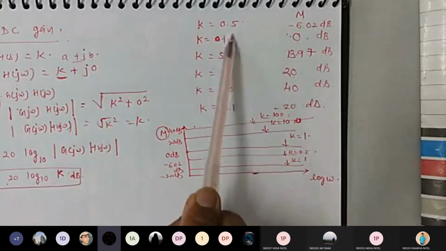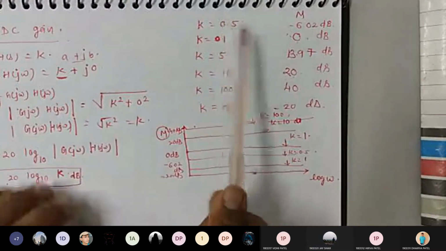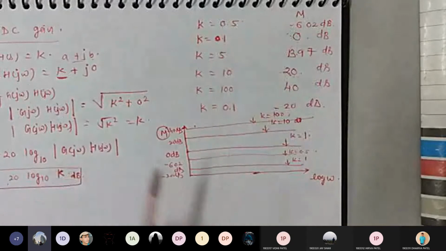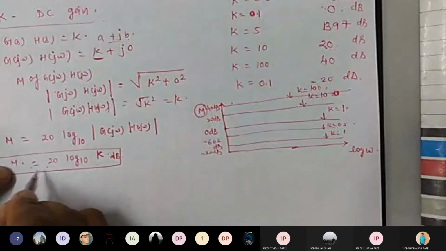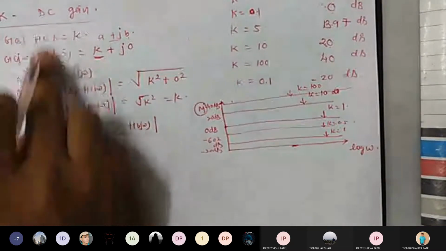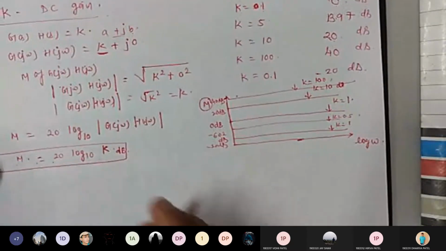If the K value is lesser than 1, your dB value is negative. So we have got the first factor K, the magnitude contribution, whose value you can find out.